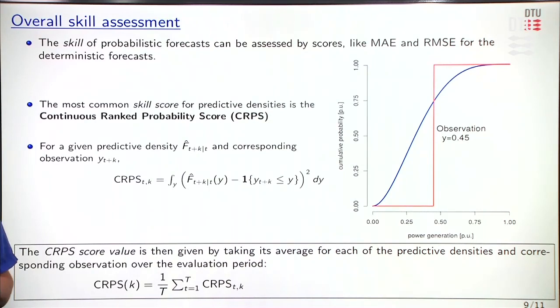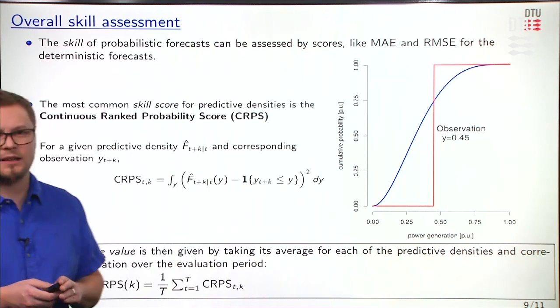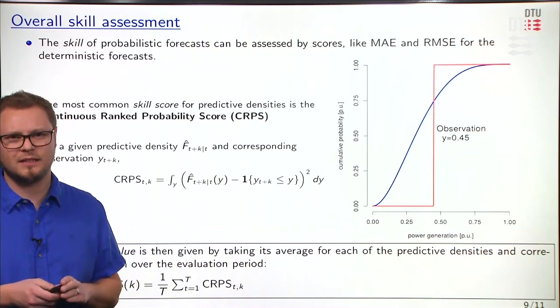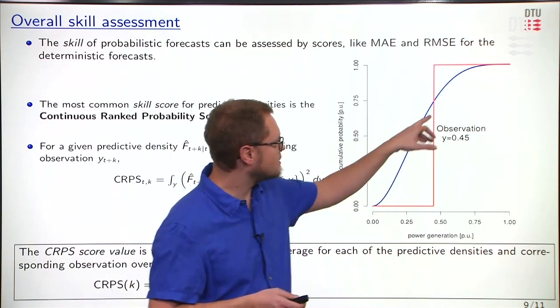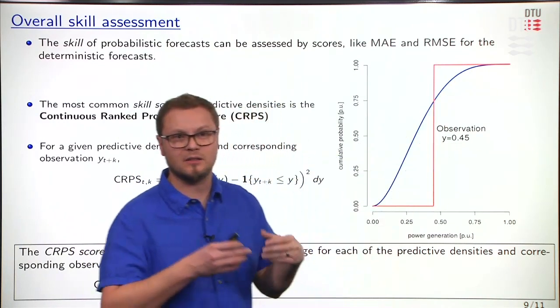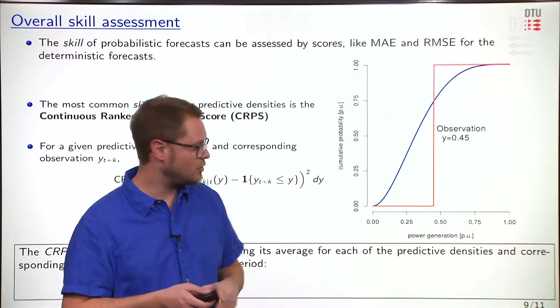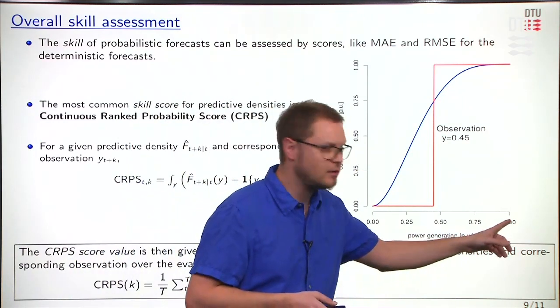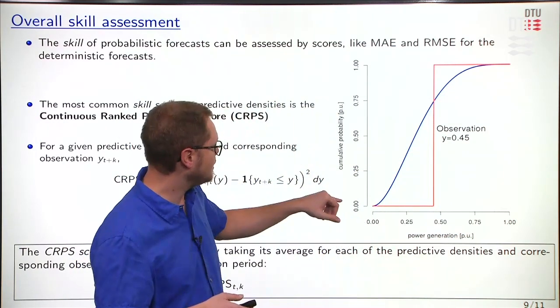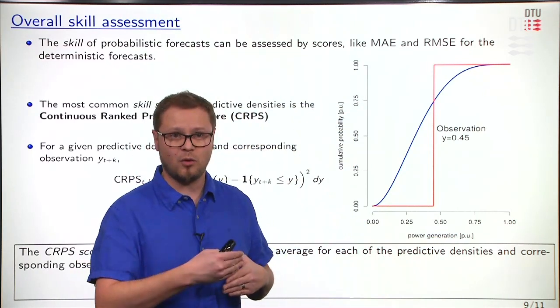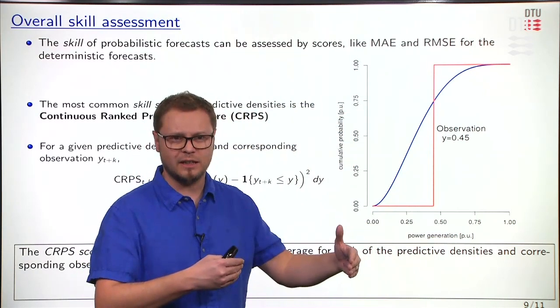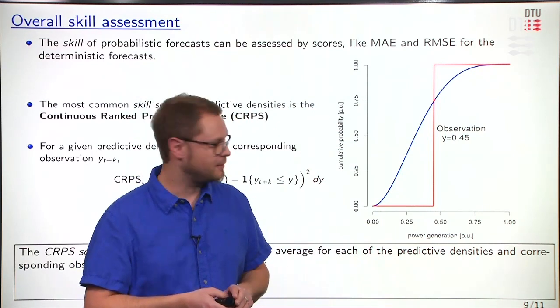If you were to look at a given forecast predictive density, this would be, if you take a slice, this blue line here. It's a cumulative distribution function for power generation, here normalized, and here you have the cumulative probability. So this is a forecast for a given lead time for power generation.